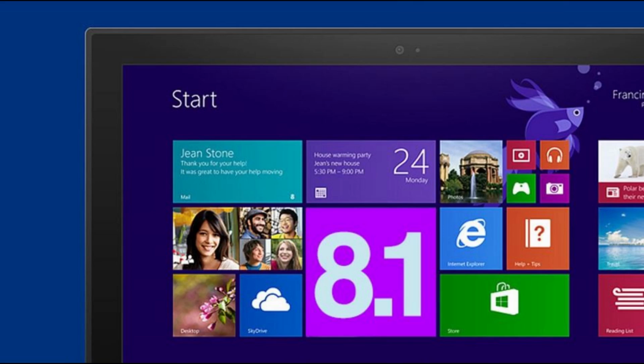In February 2013, ZDNet writer Mary Jo Foley disclosed potential rumors about Blue, the codename for a wave of planned updates across several Microsoft products and services, including Windows 8, Windows Phone 8, Outlook.com, and SkyDrive.